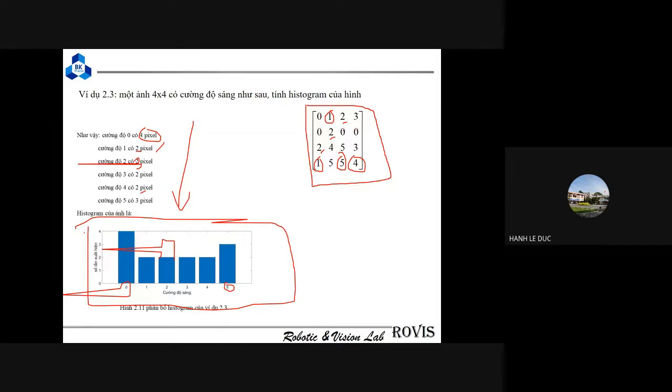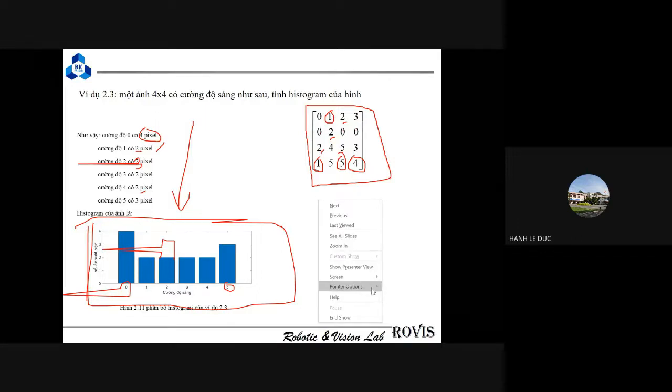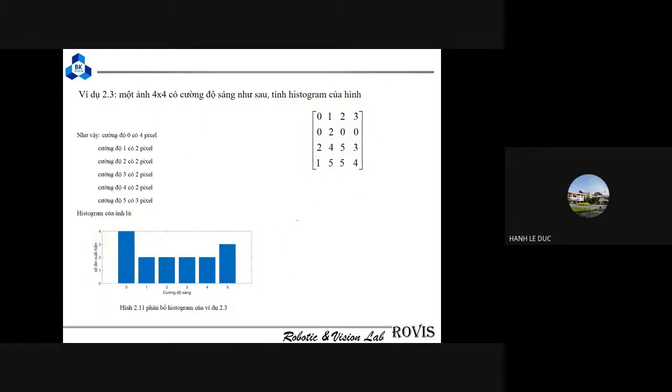So this is the histogram of the image. This one we do by hand, so we have to check it. To check this one, we use the programming OpenCV library.